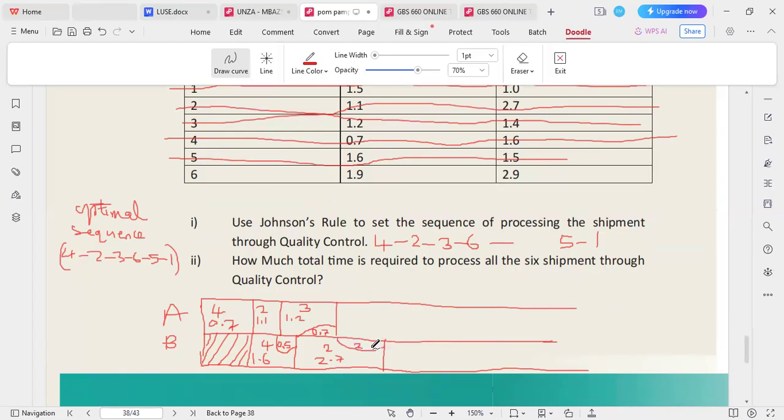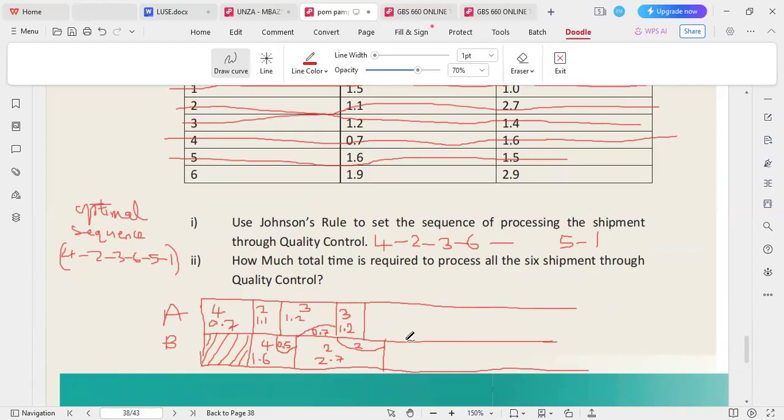So by the time they finish working on job 2 in operation B, they would have started working on job 3 in operation A. Job 3 in operation A is 1.2 hours. So they have no time to waste or wait for anything. They can quickly switch to job 6.